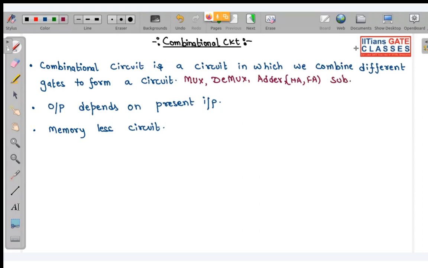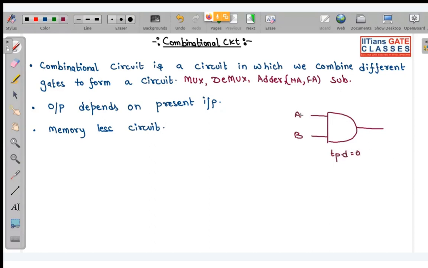A combinational circuit is a circuit formed using different logic gates. Suppose this is my AND gate. If this AND gate is ideal, ideal means there is no propagation delay.